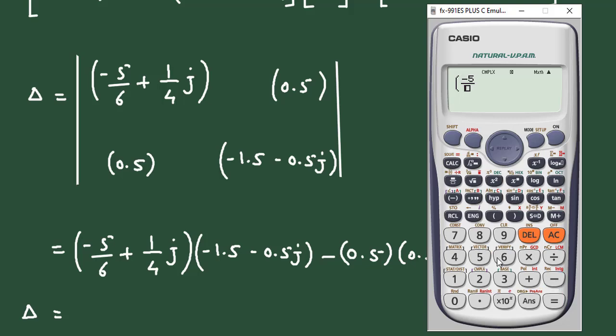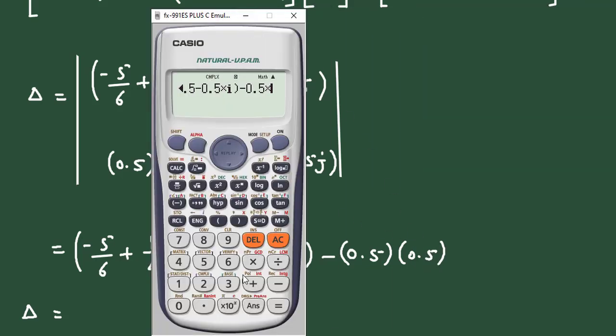Minus 5 by 6 plus 1 upon 4 into j. Then multiplied with minus 1.5 minus 0.5 into j minus 0.5 into 0.5.